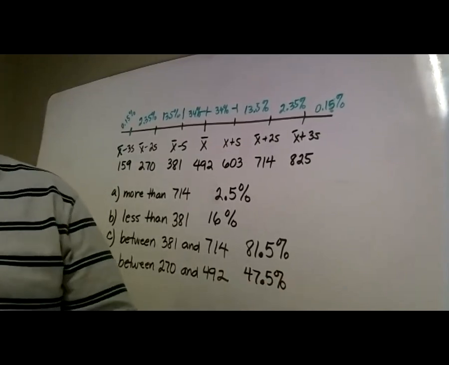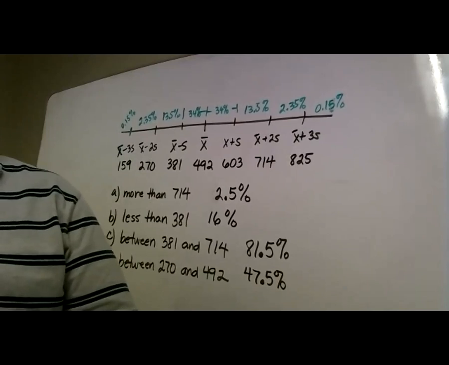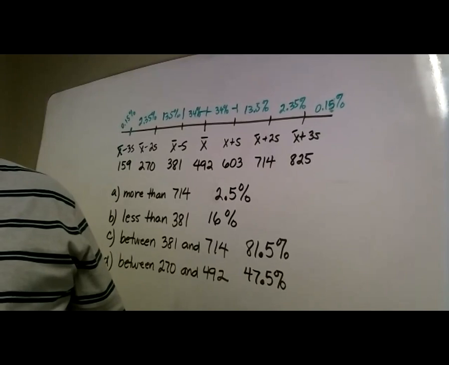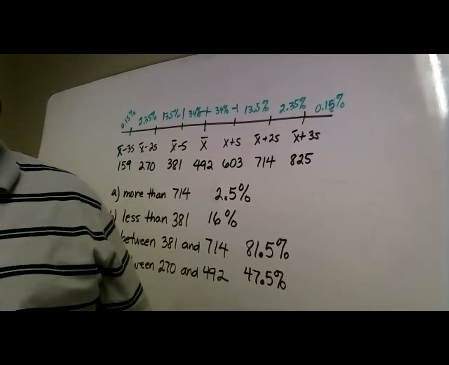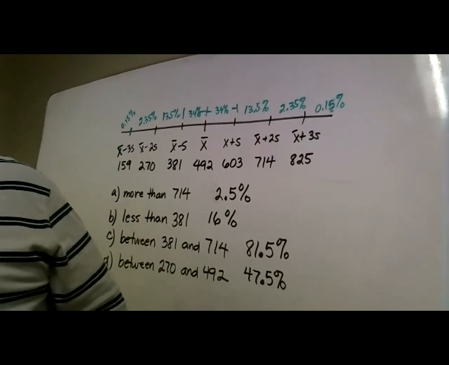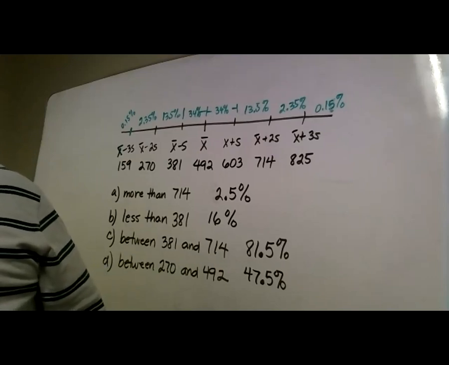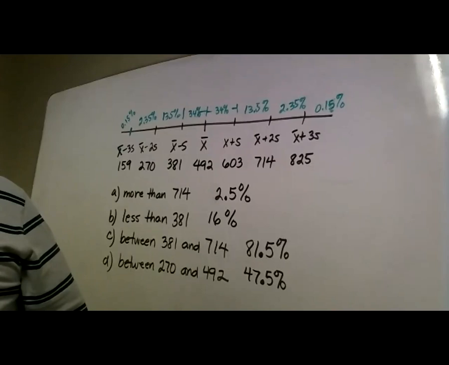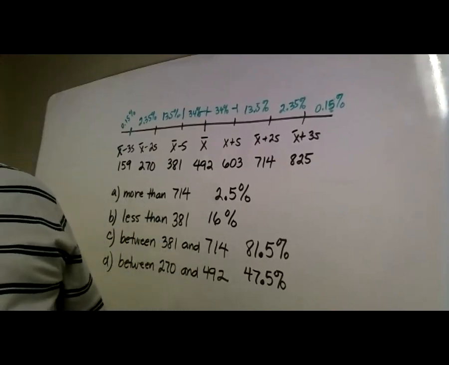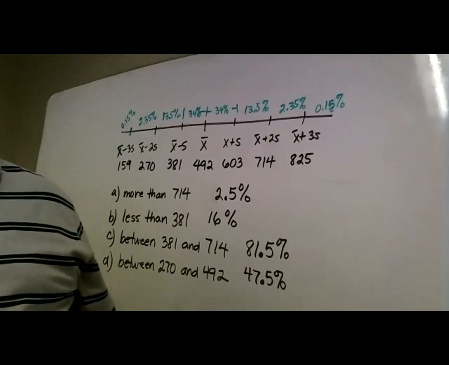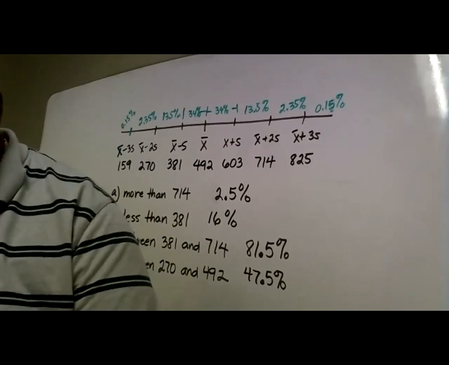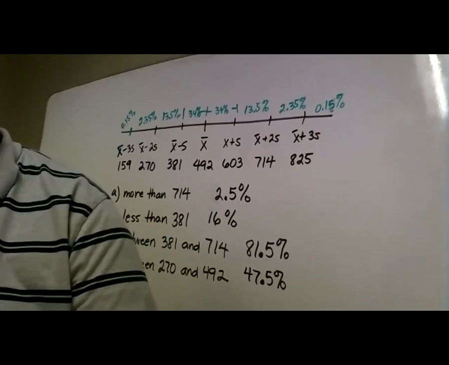Okay, so 47.5% of the students had SAT scores between 270 and 492. Okay. All right, any questions about the normal distribution? Okay.